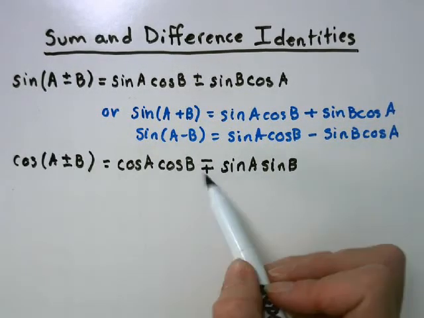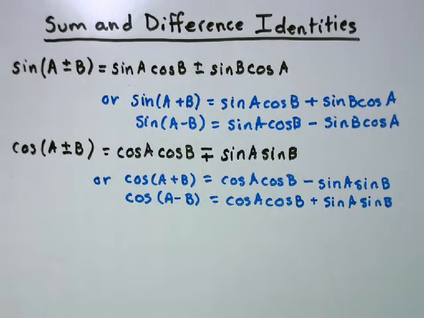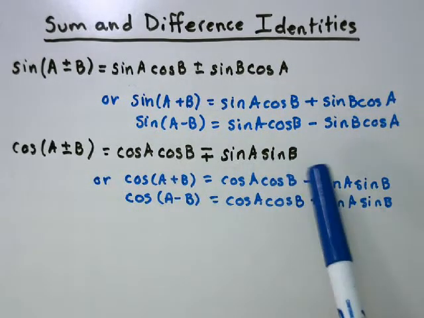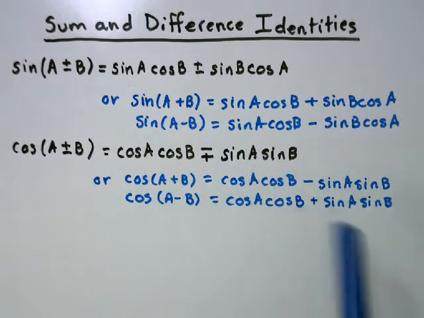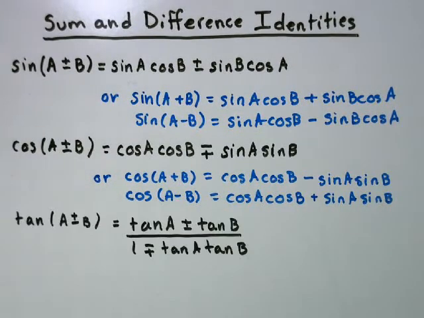And if it's a minus on this side, it's a plus on this side. So I prefer the combined versions, but you can also write them separated out. So if you write it separated out, then you've got a plus here, minus here, plus here. Like I said, I like these because it feels like two identities rather than four, even though they really are technically four. Last one I'm going to write here is tangent.